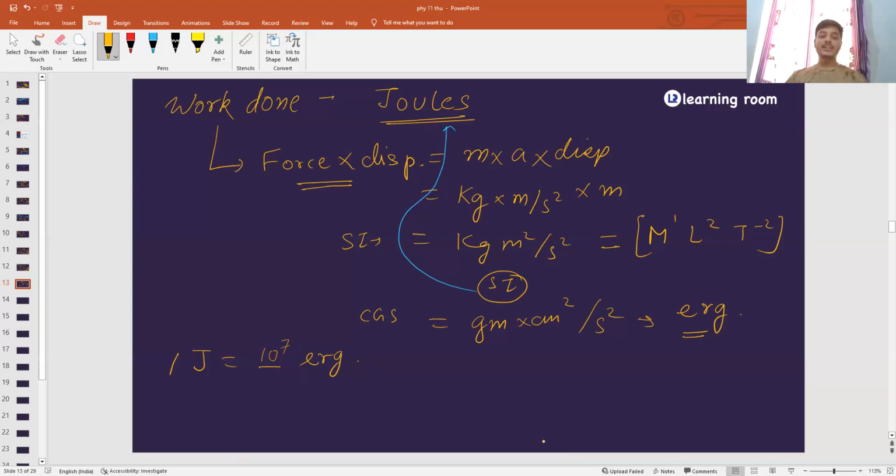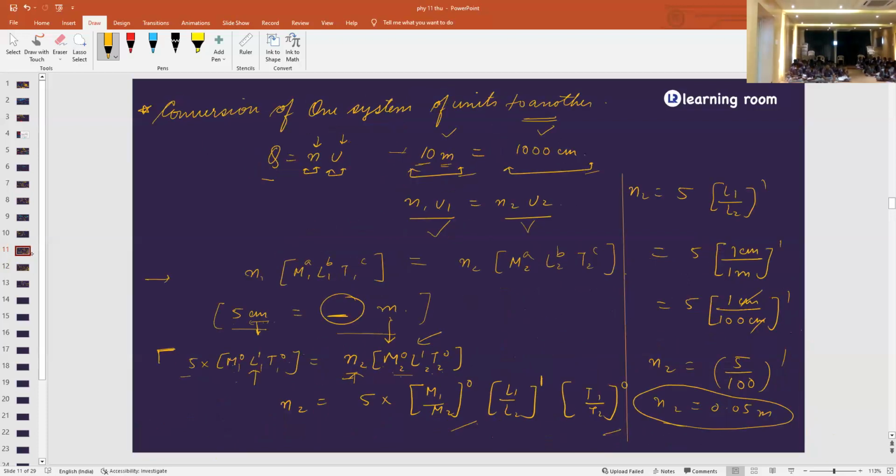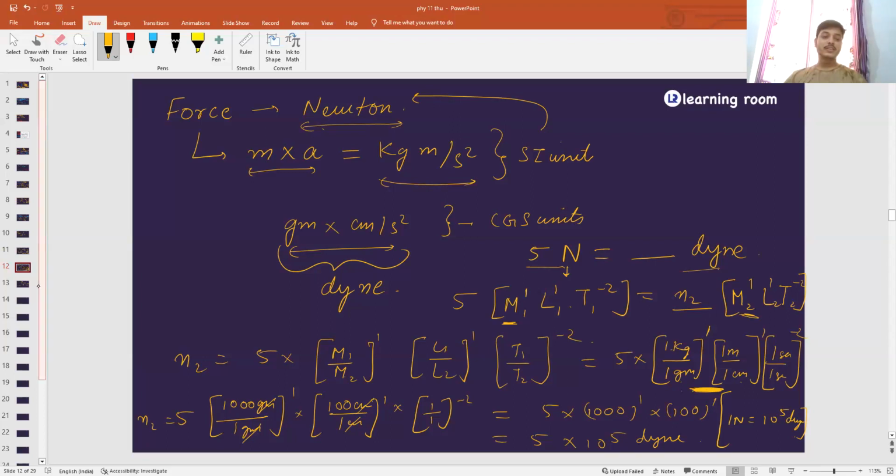If you remember something, that is good, but you should do it with dimensions, because that is what I want you to do. Sir, then 10 to the power minus 7 is right, sir. That is the correct answer. But I need you to do this with dimensions, the way I did the previous question, like this.